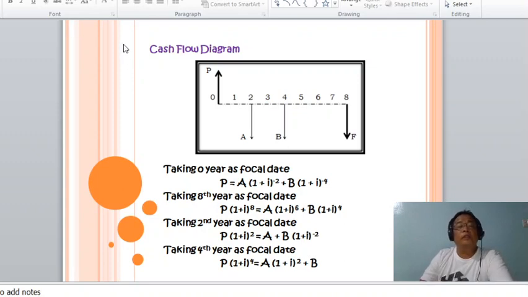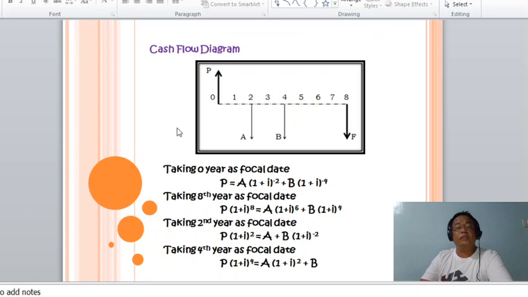The projected amount of this P at the end of year 2 is P multiplied by (1+i) raised to 2, equal to A plus B multiplied by (1+i) raised to negative 2. Why negative 2? Because from year 4 to year 2, that is 1, 2, going to the left, that is negative. So I think it is now very clear to everybody.